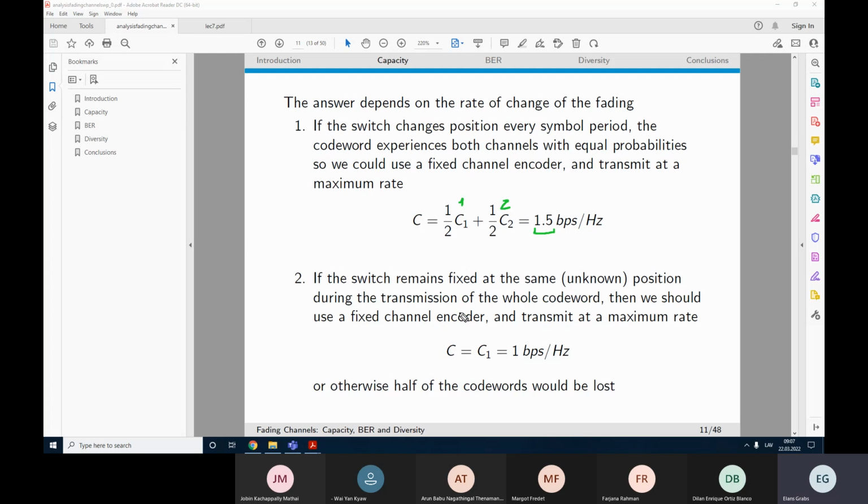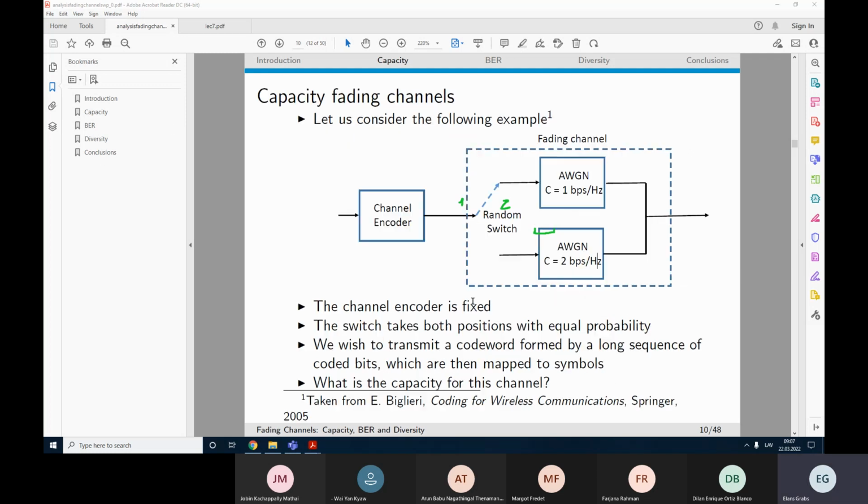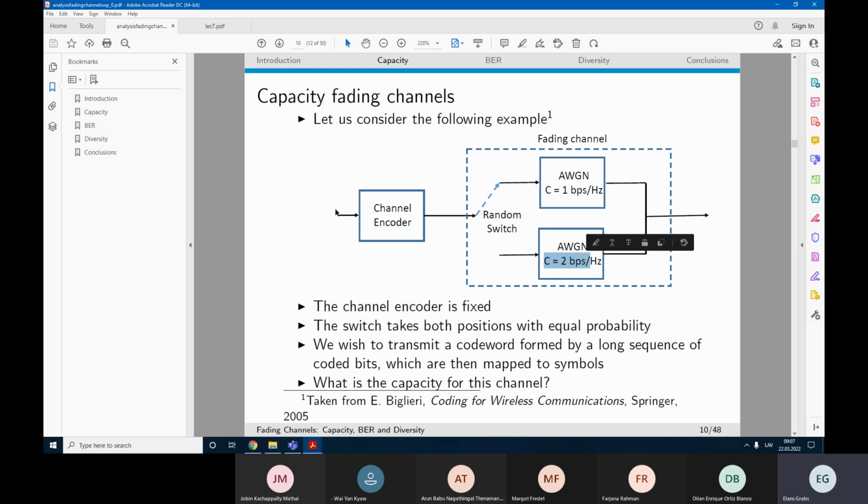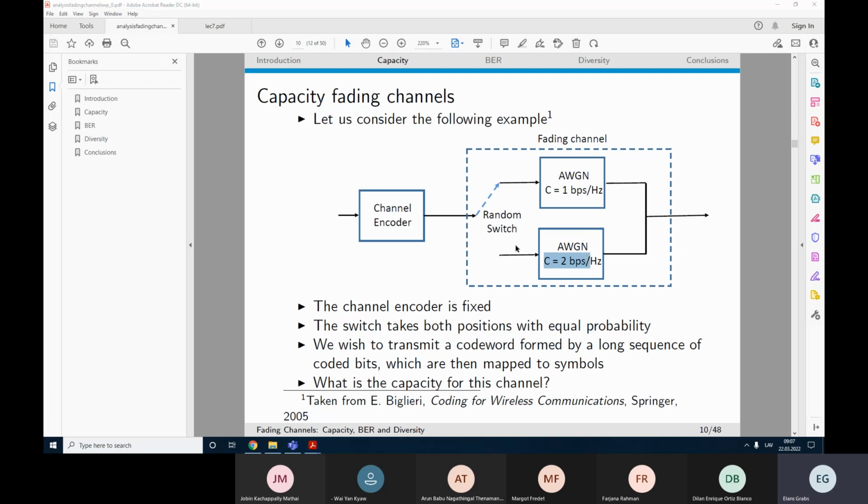Now, if the switch is fixed at position 1 here, then we will have all the time a capacity of 1 bit per second, which is actually even lower. Well, this might be some very bad channel, and this is a better channel than the first one.